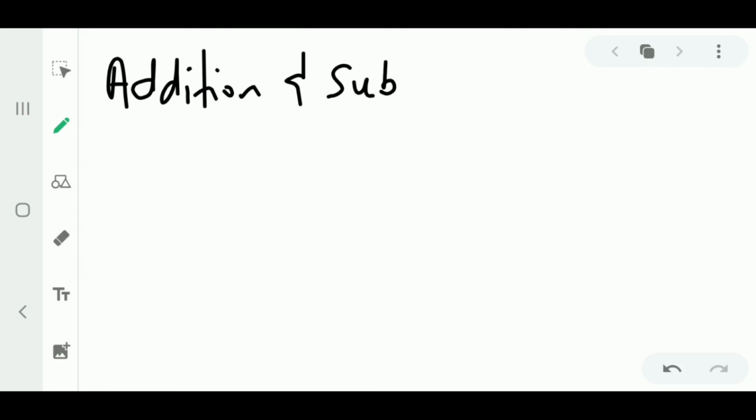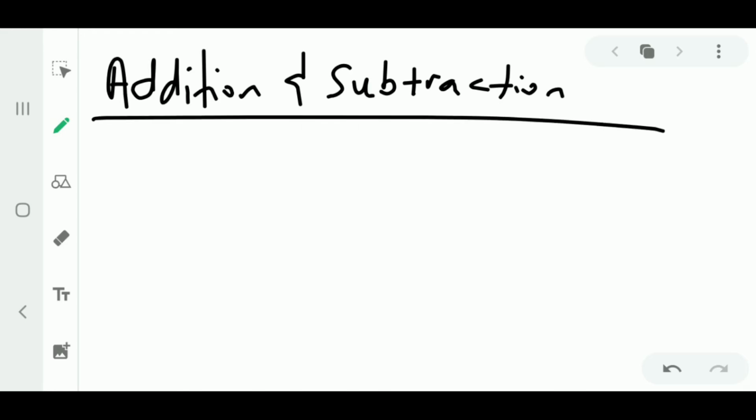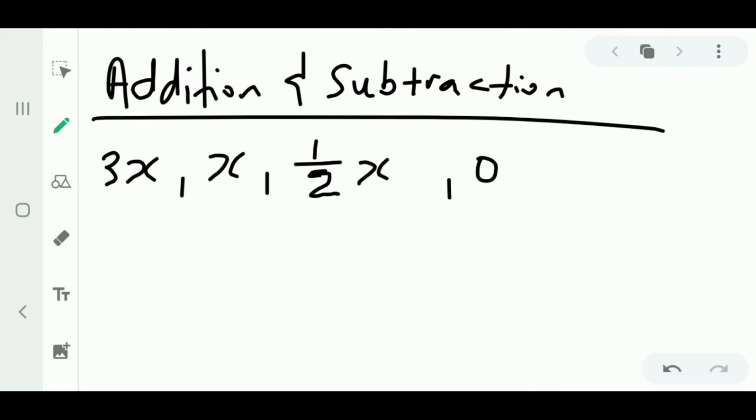Now let's try addition and subtraction of algebraic terms. So let's say we have 3x, half x, 0.5x.